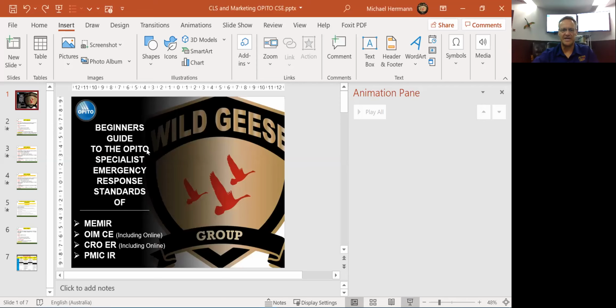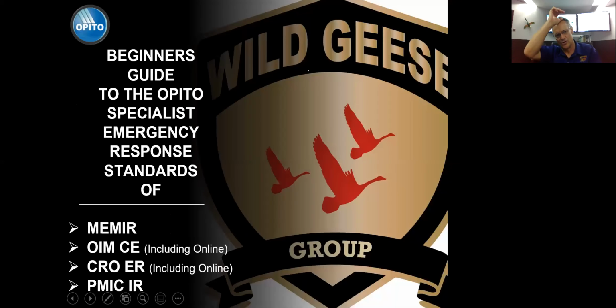Now, obviously, you can see here that this is the beginner's guide to the APIDO specialist emergency response standards, and as the bullet points indicate, starting with MEMIR, which is Major Emergency Management Initial Response. Next, we'll look at the Offshore Installation Manager Controlling Emergencies, which of course can be done online, as well as the CROER, which is the Control Room Operator Emergency Response standard, again can be done online.